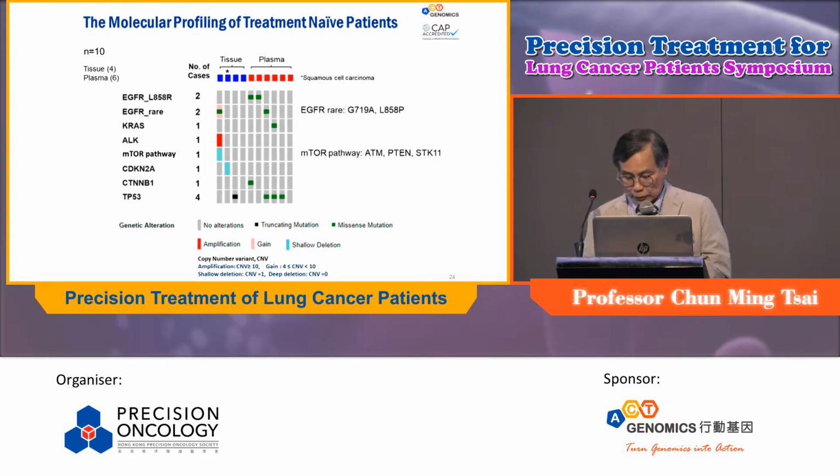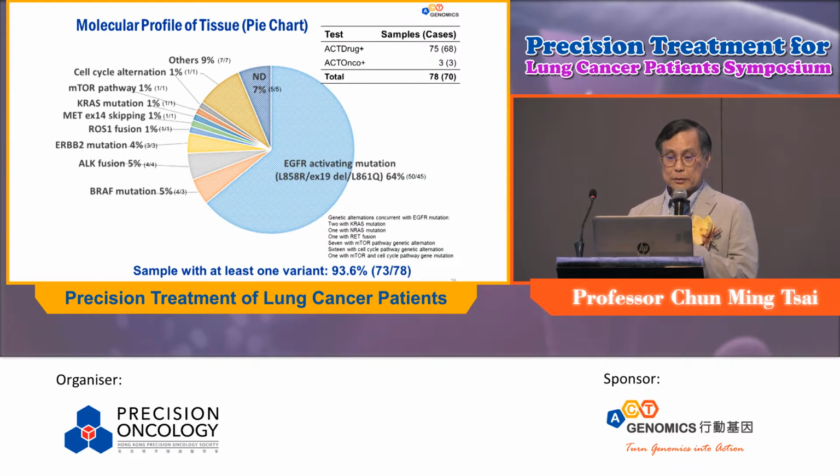This is for treatment-naive patients. But for the patients who were treated before, most of them have EGFR activating mutations, including uncommon mutations, accounting for 64%. We have 70 patients with 78 samples.